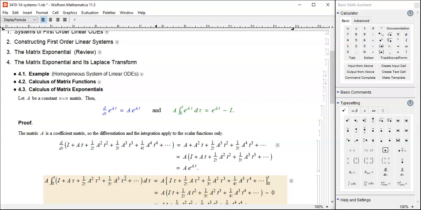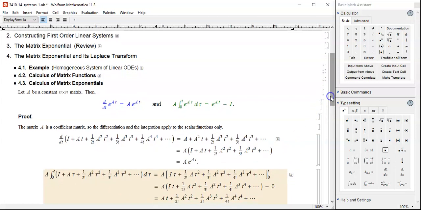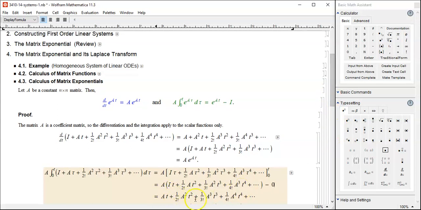Add 1, fourth power, and divide, we get 4 factorial, and so forth. And then if you plug in the top and plug in the bottom, subtract one from the other, plug in t, then all the taus will become t, and subtract 0, because plugging in tau equals 0 gives 0, no change there, and break up the parentheses, no problem there. So far so good, right?